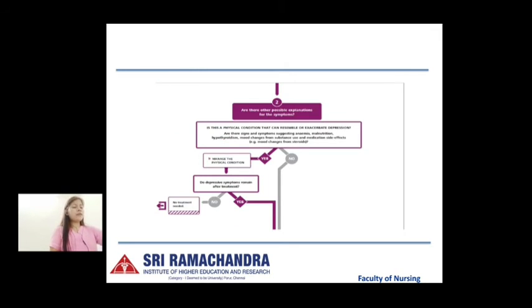The second step in the principle of depression assessment is: are there possible explanations for the symptoms? Is this a physical condition that can resemble or exacerbate depression? Are there signs and symptoms suggesting anemia, malnutrition, hypothyroidism, mood changes from substance use and medication side effects? For example, mood changes from steroids.